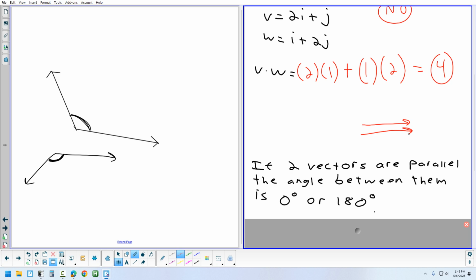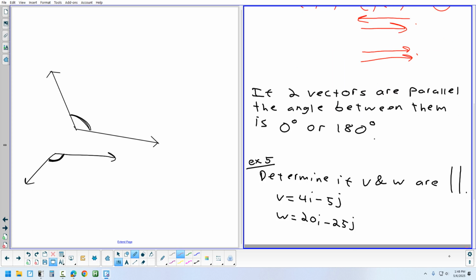Two things that are horizontal are parallel to each other. Or 180, you can think of it that way. 180 is still parallel. Remember somebody had said, what would 180 be? And I said that would be like you're throwing it behind you. Well, 180 is just the other way, but it's still parallel. So 0, 180.